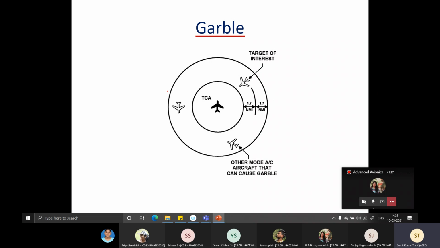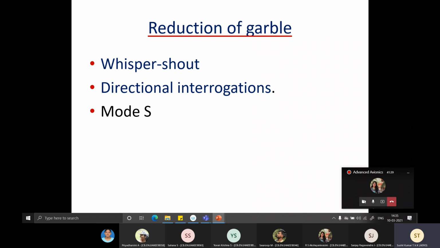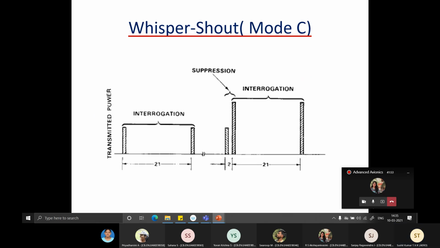Garble, as I told you: you want only one aircraft to reply, but you have other aircraft also replying, then you get into problems. So there are three ways by which you can reduce garble. First is whisper shout. Second is directional interrogation, and third is mode S. In whisper shout, what we do is initially we transmit at very low power.